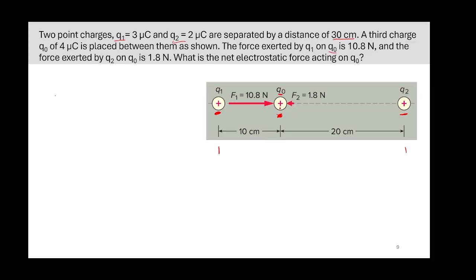This is F1, so F1 is 10.8 Newton, and then it also says the force exerted by Q2 on Q0, F2, is equal to 1.8 Newton. What is the net electrostatic force acting on Q0? So we can see, since this is a force, it's a vector quantity.